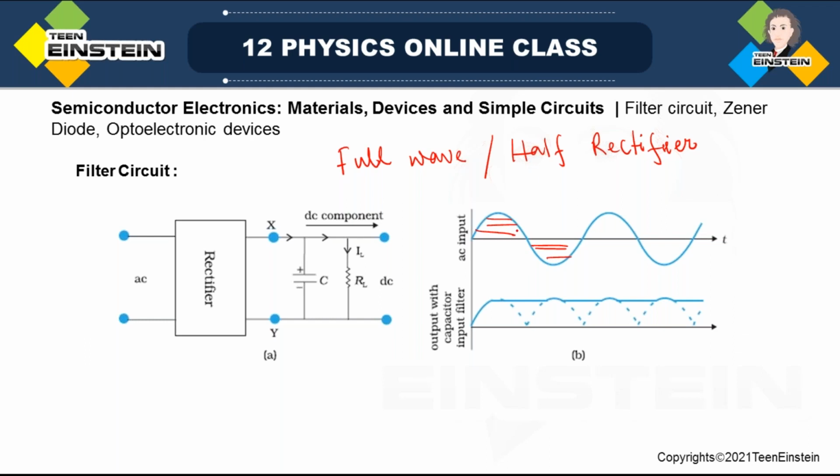Now from an AC signal we can get a DC signal. DC in the sense which has a current or voltage, whatever it is, which does not change its direction. That means it has only positive values.